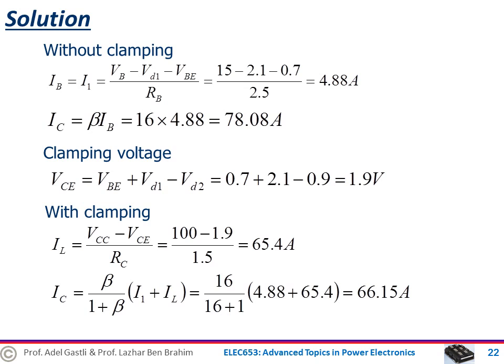The collector current can be determined also from the previously obtained equations, and would be equal to 66.15 amps as shown in this equation. From these obtained results, one can easily notice that the collector current is larger than the load current, but smaller than its value 78.08 that was obtained without the clamping as seen above.